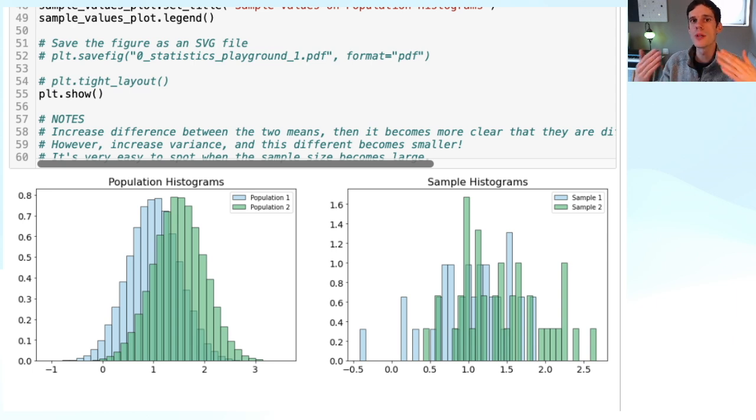Each time we rerun this cell, we construct a new pair of samples by choosing 40 data points out of the corresponding population, which has itself 100,000 data points. Now, because there are many ways to choose 40 numbers out of 100,000 numbers, each time we will end up with a completely different sample, and thus with a different sample histogram.